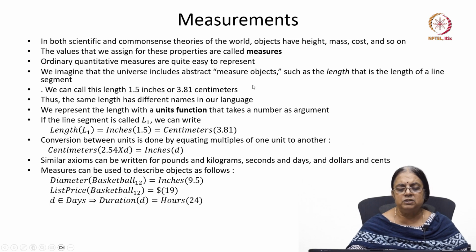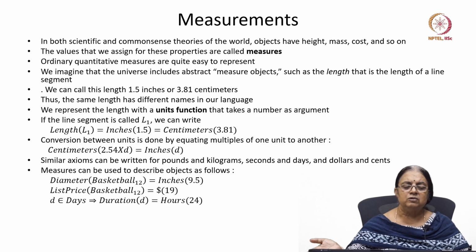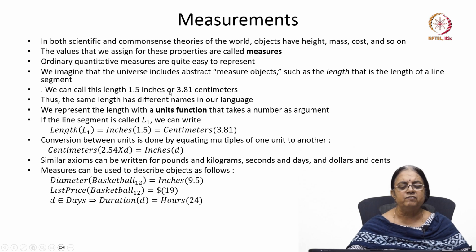One more concept we need to see is measurements. There are a lot of measurements, for example length. Suppose you have a line. What is the length of that? How do we represent that? Suppose we say it is 1.5 inches or 3.81 centimeters.